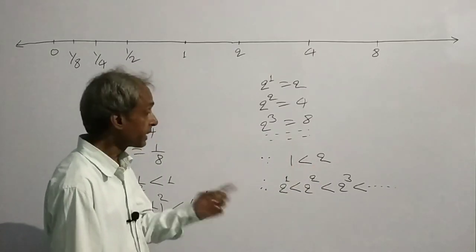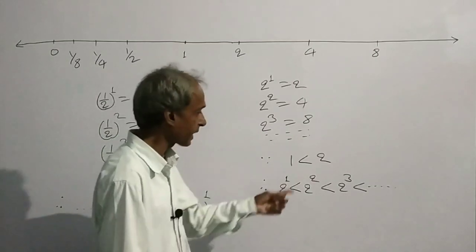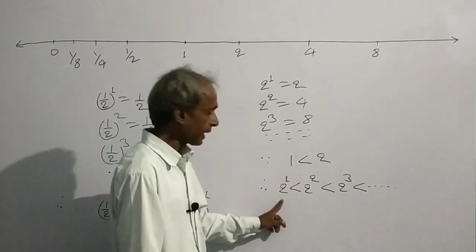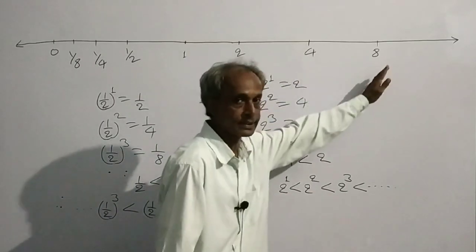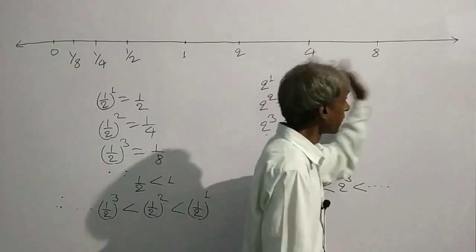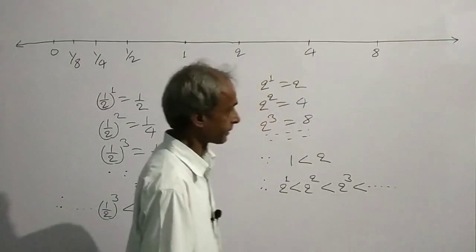When we increase the power over a number which is greater than 1, then the value shifts to the right hand side, and moves right over the number line.